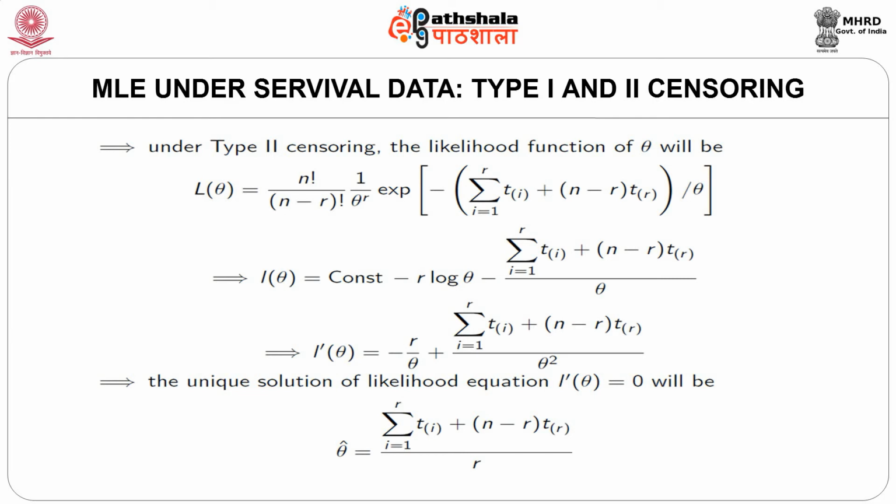This means the first order derivative of small l theta, that is l prime theta, will be equal to minus r by theta plus summation t order i plus n minus r times t order r divided by theta square. This implies the unique solution of likelihood equation l prime theta equal to 0 will be theta hat equal to summation i from 1 to r t order i plus n minus r times t order r, whole divided by r.